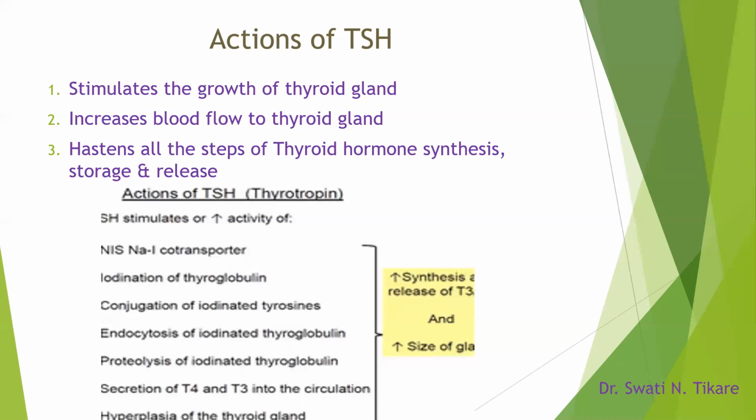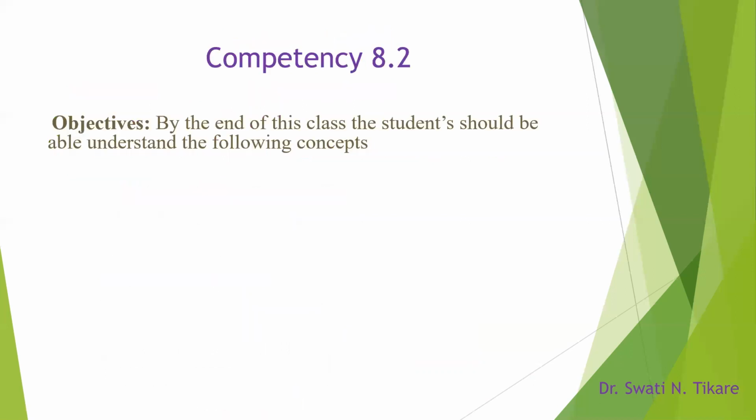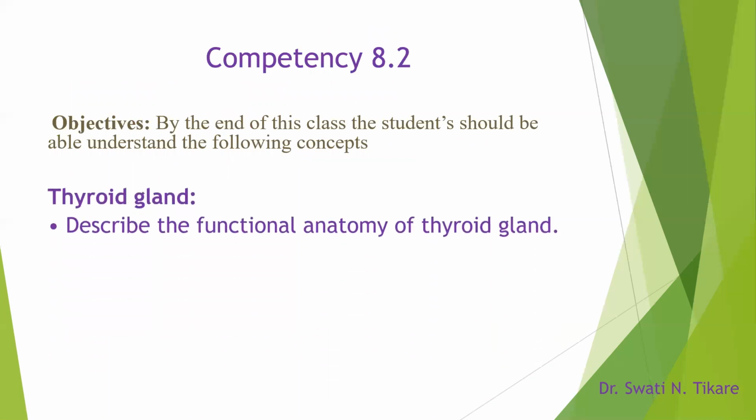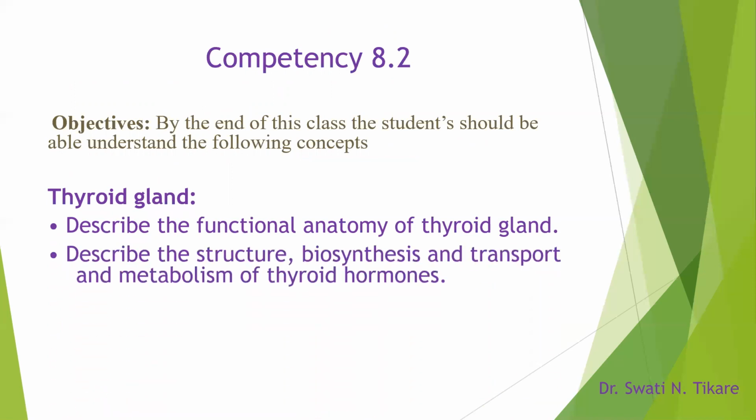So we have completed today's objectives under competency 8.2. What were our objectives? Describe the functional anatomy of the thyroid gland. We have understood it has two lobes, isthmus, the colloid filled follicles, the follicular cells, and the C cells, parafollicular cells, all that. Colloid is the place where the synthesis happens.